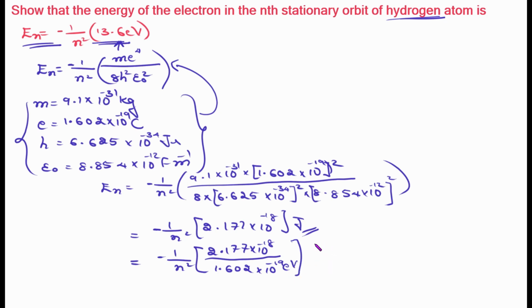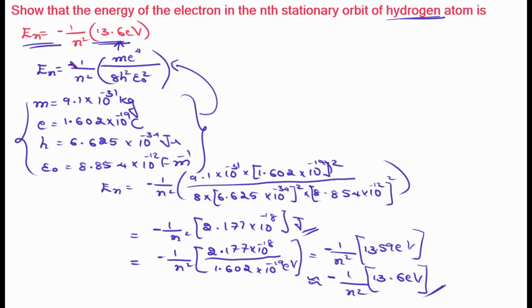If you solve it, you will get minus 1 divided by n square into 13.59 electron volt, which rounded off is nearly equal to minus 1 divided by n square into 13.6 eV. So this is the proof that En is equal to minus 1 divided by n square into 13.6 eV for hydrogen atom.